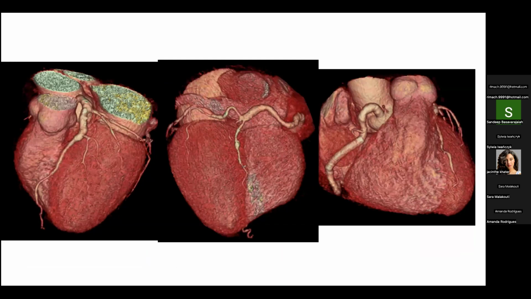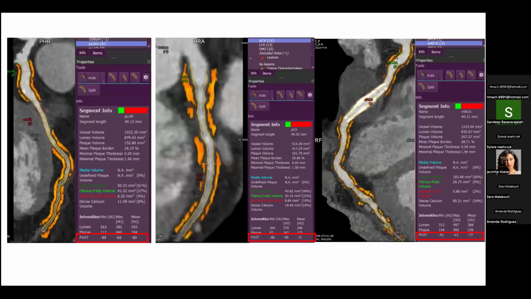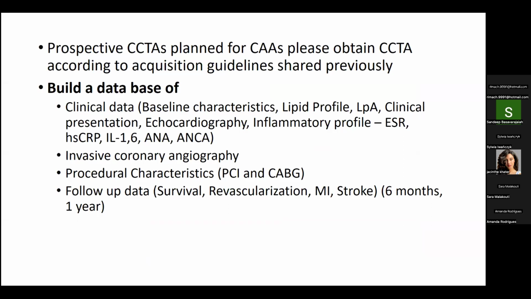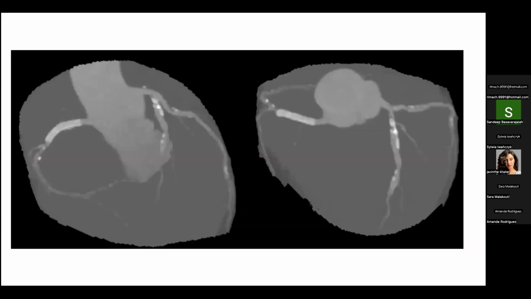There you can see the CT scan of this patient, and this is an example of analysis with very detailed plaque characterization in dilated segments. Okay, I think it's good.